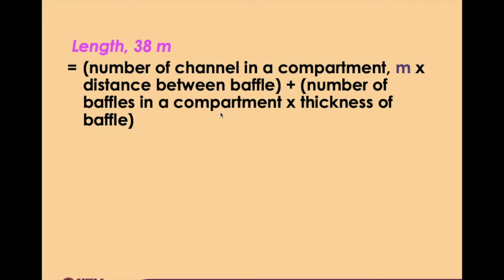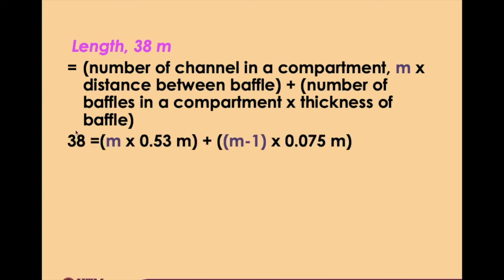We know that the number of baffles in a compartment is 1 less than the number of channels, so it's actually M minus 1, times the thickness of the baffle. Nothing changed, the thickness of the baffle was 0.075 meter. So we put all that in numbers: 38 there, M is something we like to find out, this is our distance between baffles, this is the number of baffles, which is 1 less than the number of channels, and this is the thickness of the baffle.